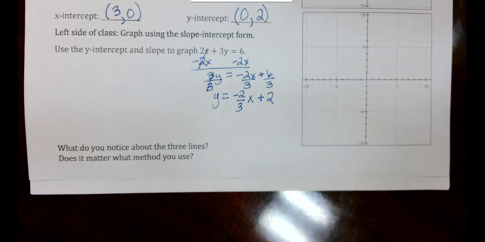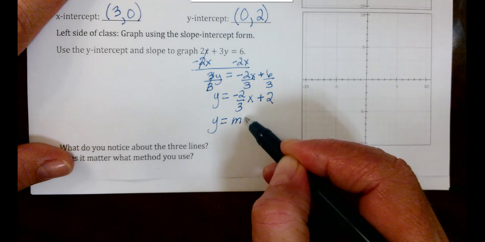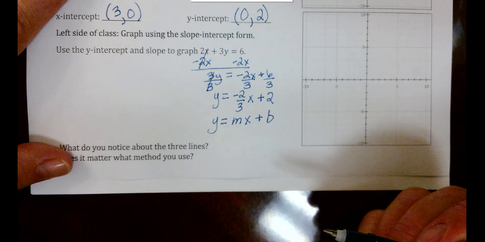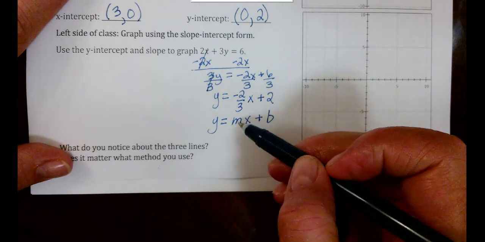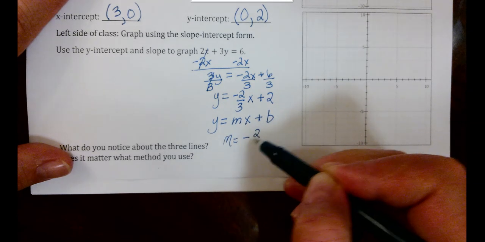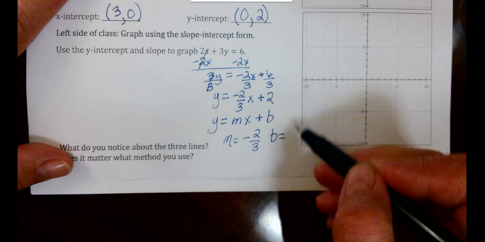Now, instead of doing our x and y chart like we did in the first method, we are going to directly use the information that's given to us in this linear equation. So normally we have y equals mx plus b as our slope y-intercept form of the equation. Let's compare that to the one we got. So m in our equation is negative 2/3. b in our equation is 2.